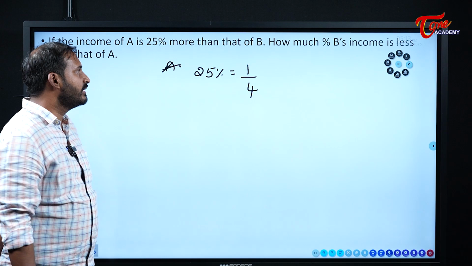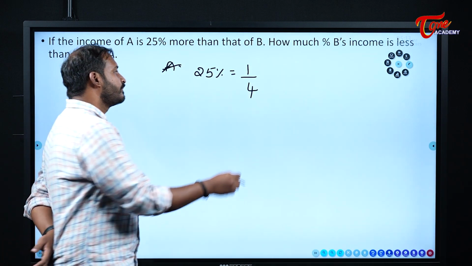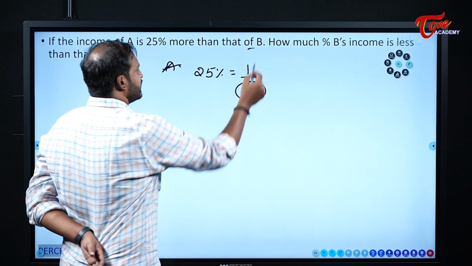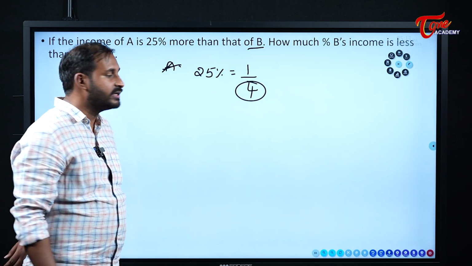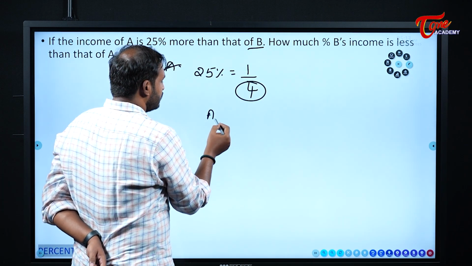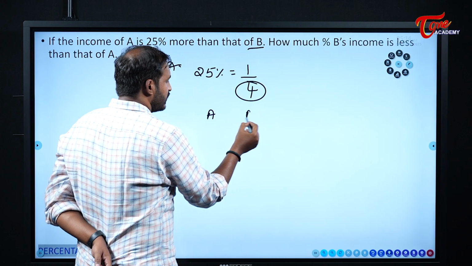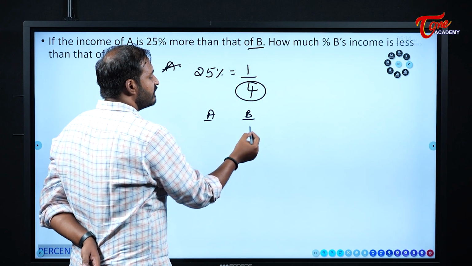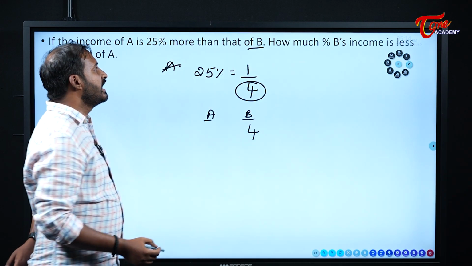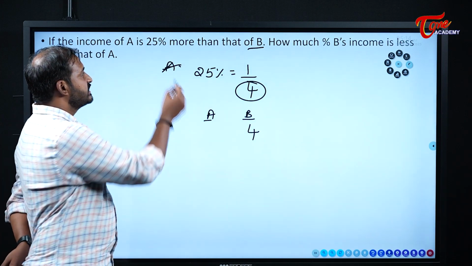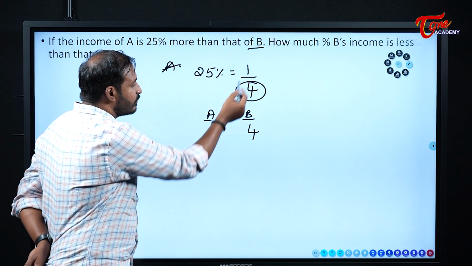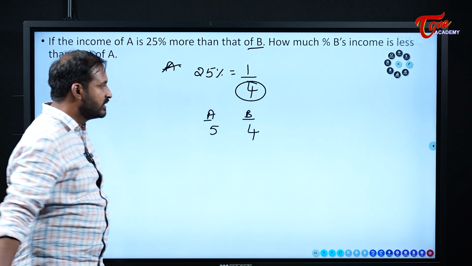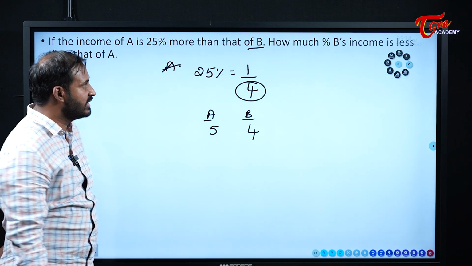Now tell me, what is 4 here? 4 will be B's salary. Why? Because we are comparing A with B, right? A and B, there are 2 persons. So B's salary will become how many parts? 4 parts. And A's salary will become how much? A's salary is 25% more, right? So 4 plus 1, what will you get? 5 parts. So A's salary will be 5 parts and B's salary will be 4 parts.